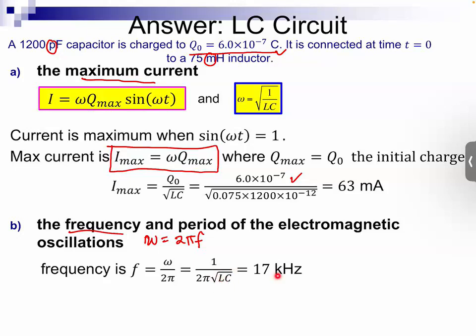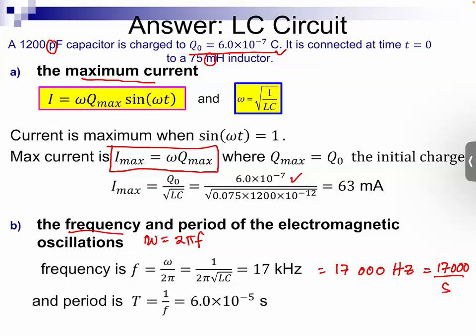So 17 kilohertz or 17,000 hertz means 17,000 oscillations per second. So in 1 second, 17,000 times, the energy transfers between the capacitor and the inductor.